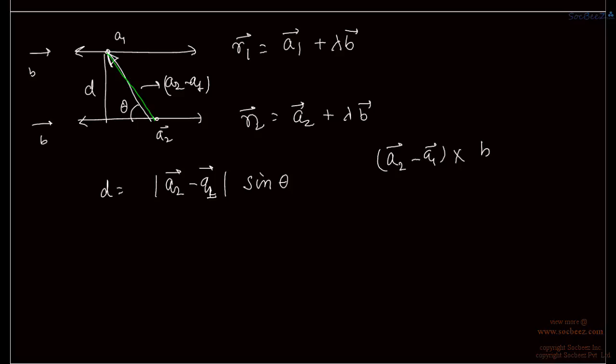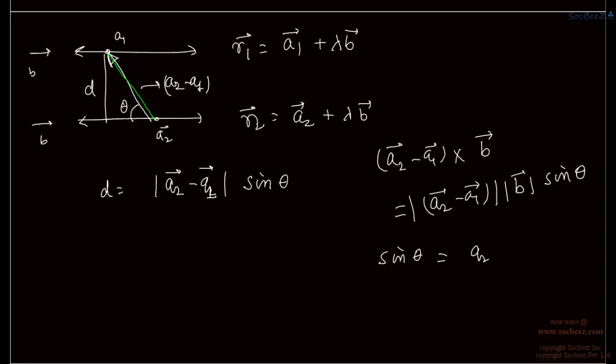The cross product of a2 minus a1 with vector b will give the magnitude of a2 minus a1 into the magnitude of b into sine theta. So sine theta can be written as a2 minus a1 cross b upon the magnitude of a2 minus a1 into the magnitude of b, right?